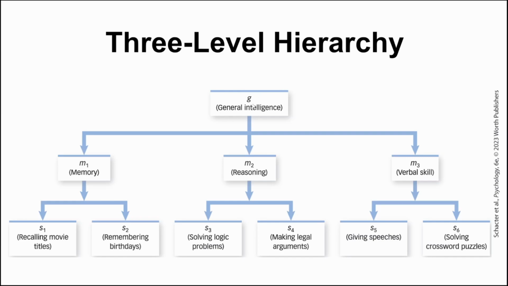And our general intelligence is going to say that we have a weaker correlation as compared to the within-group stuff here between our different mid-level abilities. So an individual who's really good at memory is probably going to be pretty good at reasoning, but it's not a perfect correlation. But if we look at people who are good at recalling movie titles, they're probably also very good at remembering birthdays.